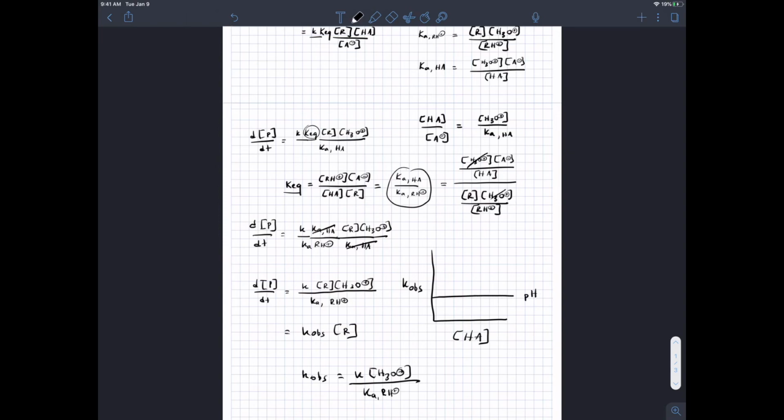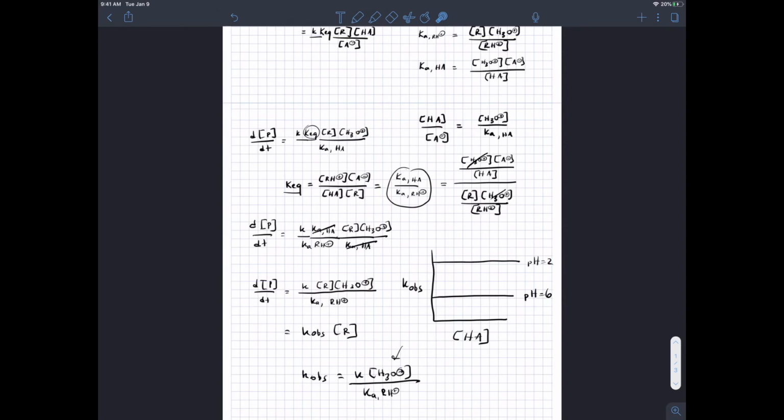So if we adjusted pH to 6 and then added a ton of our acid, the rate would not change. If we adjusted pH to 2, then the rate's going to be faster because of this equation there, but by changing the concentration of the acid, the rate doesn't change at all.